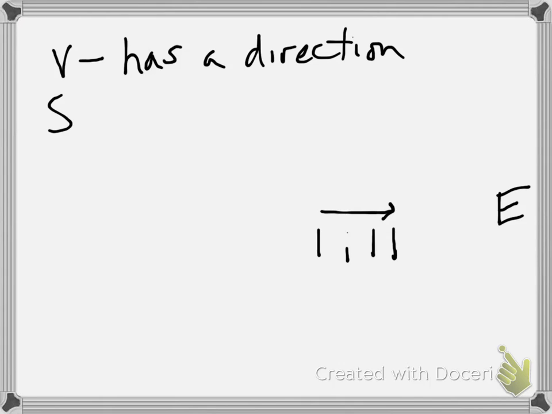If we were going to add another one, we'll say that one is going to the west. Then if we were to add these up, overall you would be going to the east. So that would be 2 meters per second in the east direction. So the difference between speed and velocity is that velocity has a direction, whereas speed doesn't.